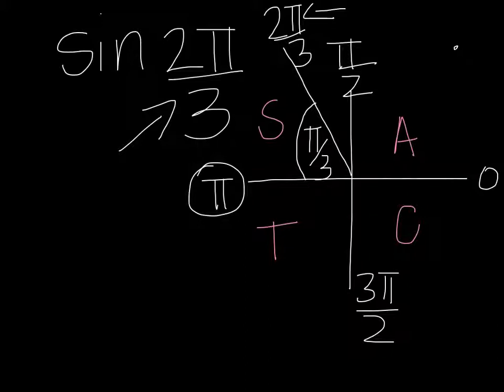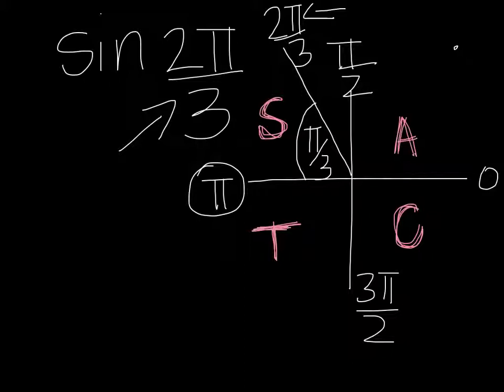So for example, cos, which is here, will be positive in the 4th quadrant. All of the ratios are positive in the 1st quadrant. Sine is positive in the 2nd quadrant, and tan will be positive in the 3rd quadrant.